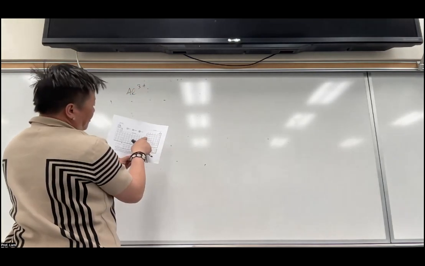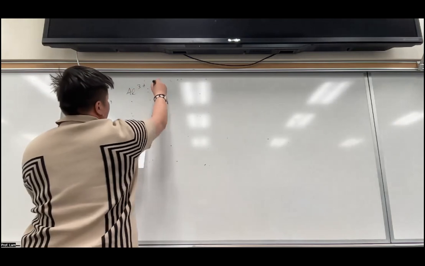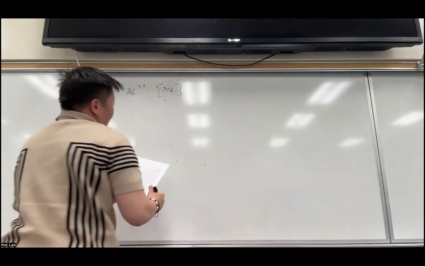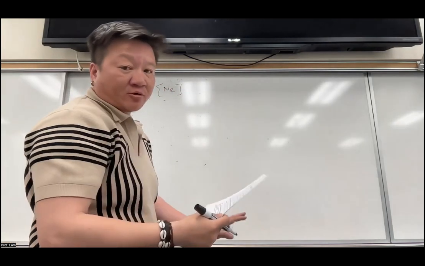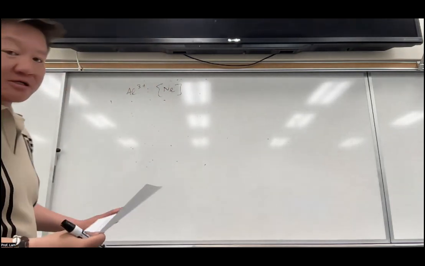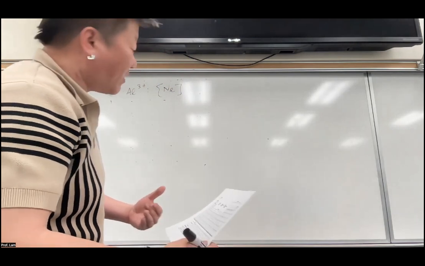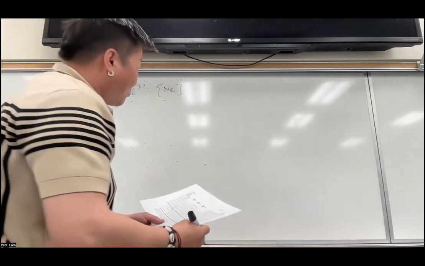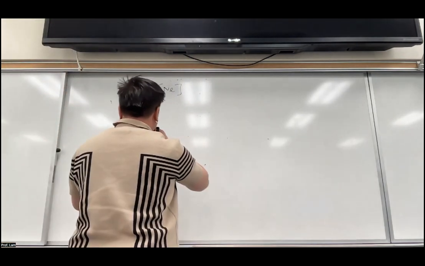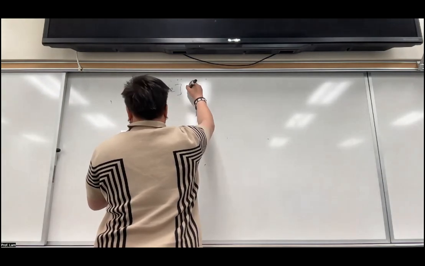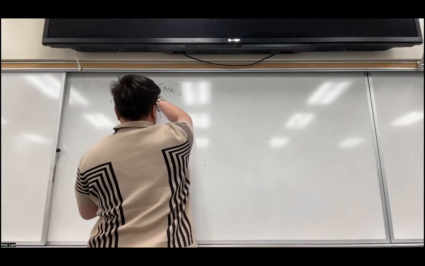All right, I'm looking here at aluminum. Previous noble gas, brackets neon. It's okay, you can do short. Remember, you can use the short configuration as your default unless stated otherwise. If I wanted full configuration, it would tell you, right? So brackets neon is gonna be a 3+, right?